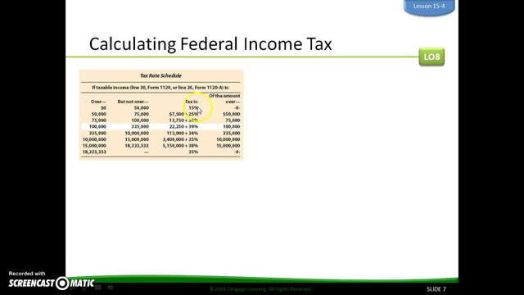So the 15% tax rate is what you pay on the first $50,000. The next $25,000 you pay 25% on. The next $25,000 you pay 34% on. And you can see what the rates are for each next income bracket.